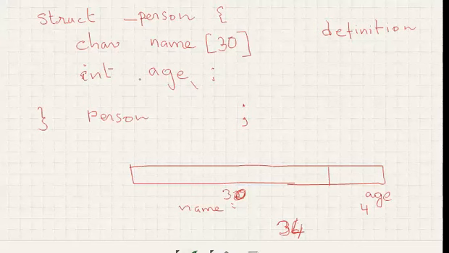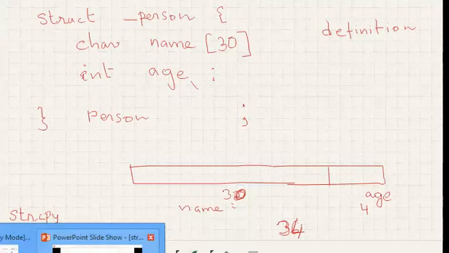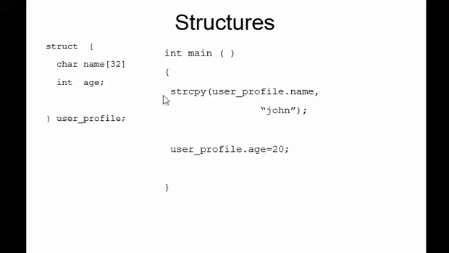Array of characters. So we always use string copy, right? For the characters. So that's what we are doing here. We are using string copy, user profile dot name, which is this, and we pass some constant name to the string copy to copy it.